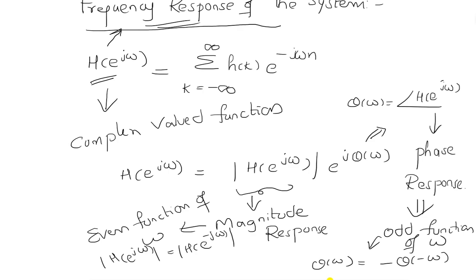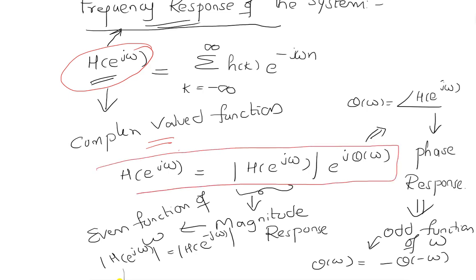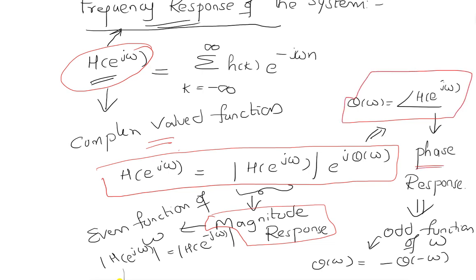So in order to find the frequency response of the system, first of all we need to determine H of e to the power of j omega. It is a complex valued function. After finding H of e to the power of j omega, you express it in terms of the modulus of H of e to the power of j omega and e to the power of j theta omega, where the modulus indicates the magnitude response, and theta omega is the phase angle of H of e to the j omega, which indicates the phase response of the system.